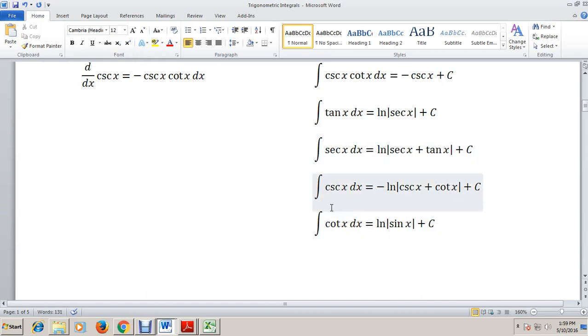This is the result, and the integral of cotangent x dx, this is the result. Now, what I suggested is that you make use of Wolfram Alpha in order to be guided with the corresponding derivation of these results.